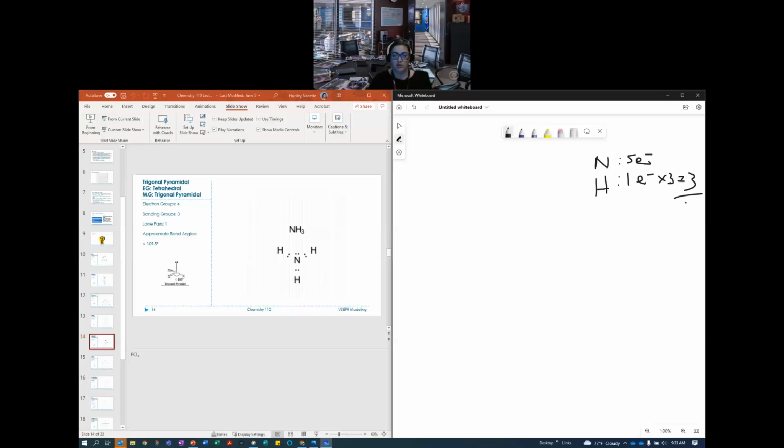Gives me a total of 8 that I need to deal with. Nitrogen in the middle, a hydrogen on each, 1 bond for each of those. 2, 4, 6 are taken up in that. That leaves me with 2. Those 2 are going to end up as a lone pair on the nitrogen.